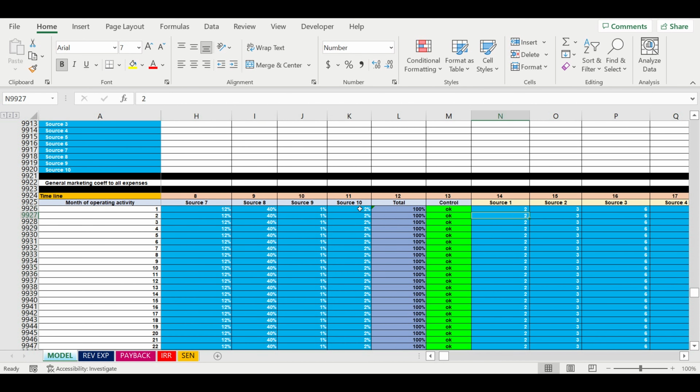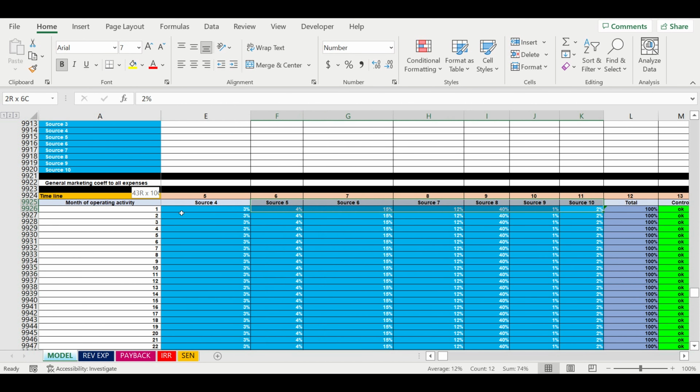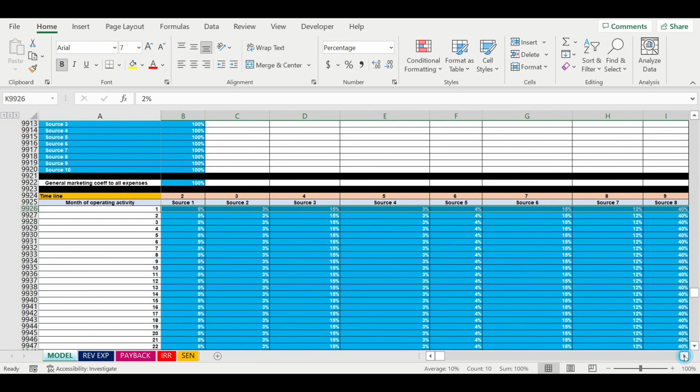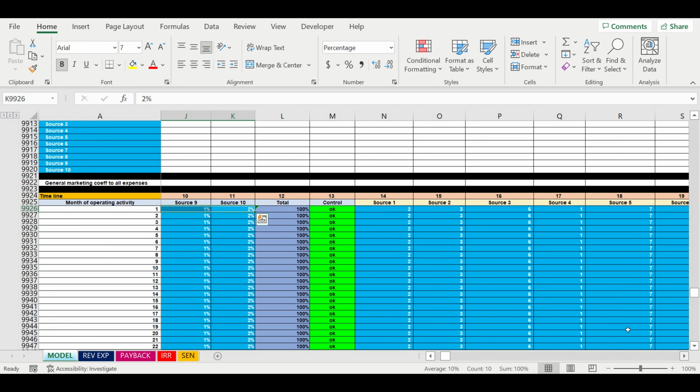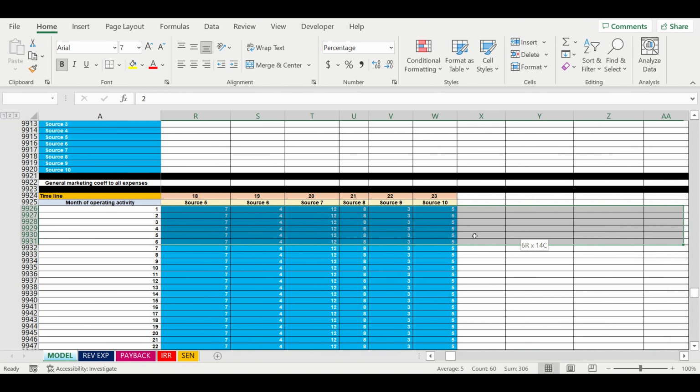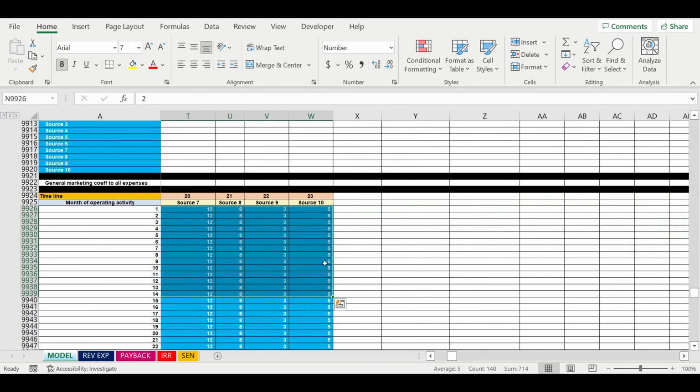Then when we have allocated the percentages, we specify the cost per new customer for each marketing source. So how much money we pay for one customer which comes to us from YouTube, from Instagram.